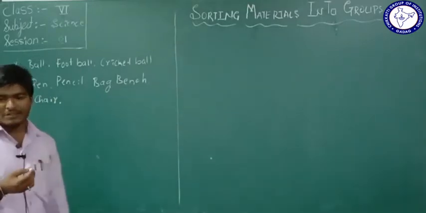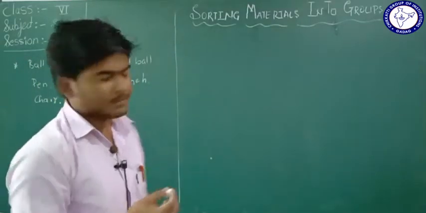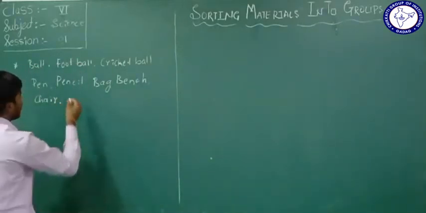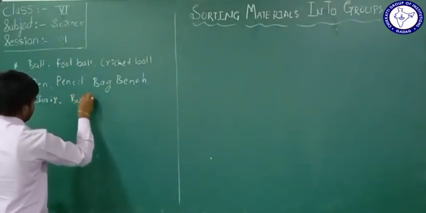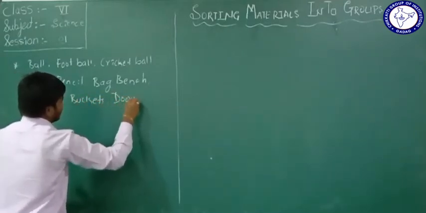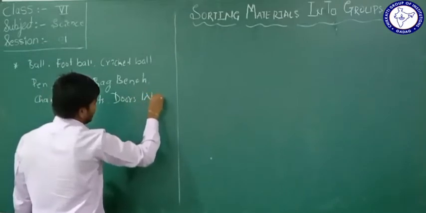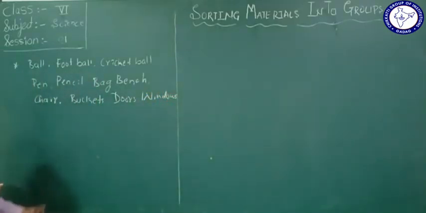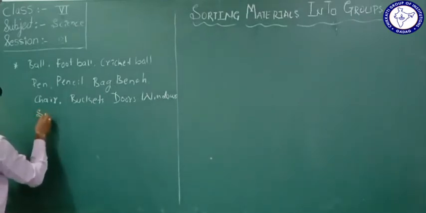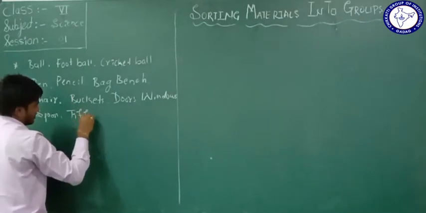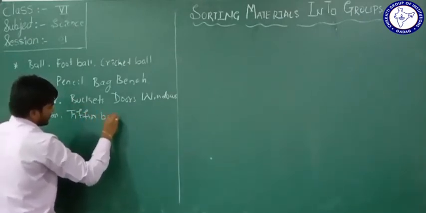Chair. Then next, tell me what? Pencil, bag, bench, chair. Then buckets, doors, windows, then spoon, tiffin box, isn't it?